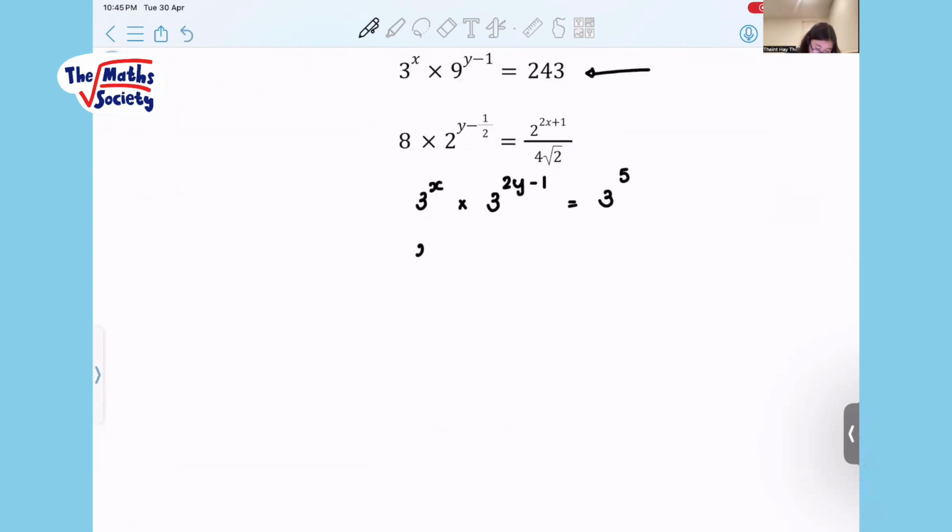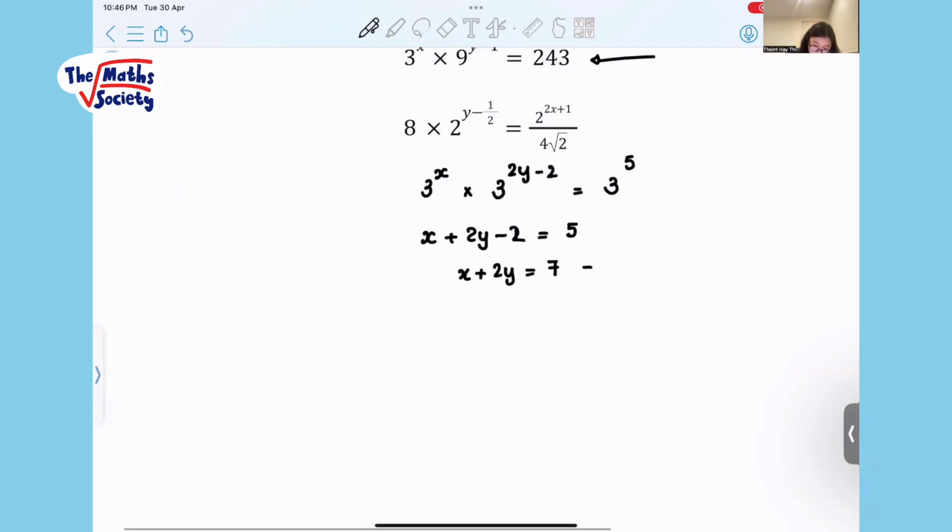And then you'll have x plus 2y minus 1 equals 5. Oh, sorry, it has to be 2 because we multiply by 2. And then you have x plus 2y equals 7. And that is our equation 1.